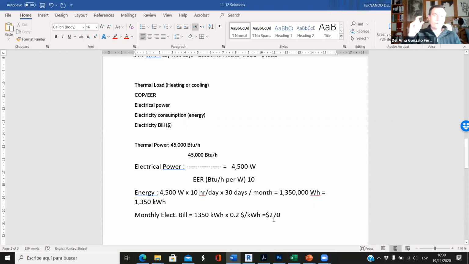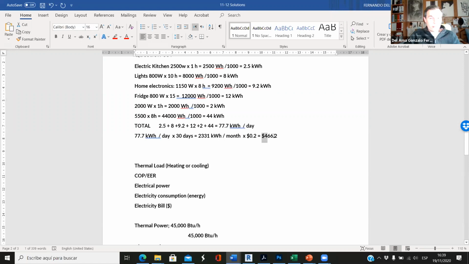So think about this. If we had a PV array in our building, and this PV array is producing all of this, we are saving, in this exercise, $270 per month. In this one, we are saving $466 per month.